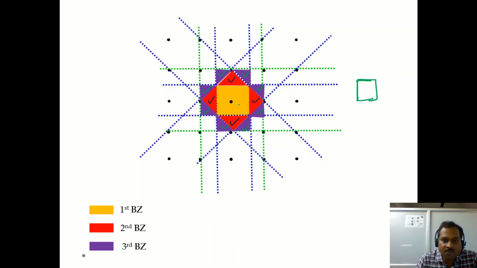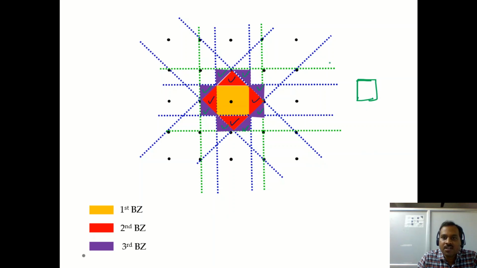The first Brillouin zone is a perfect square, whereas for the second order zone there are four different scattered regions, but if you combine these four regions you get back another square. Similarly, for the third Brillouin zone there are 1, 2, 3, 4, 5, 6, 7, 8 scattered regions. If you combine them, again you get back a square structure.